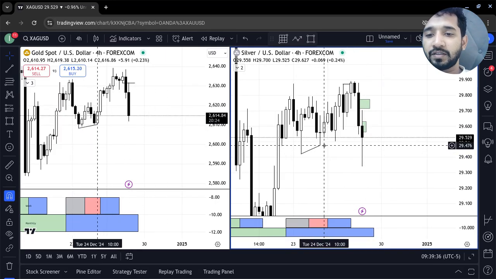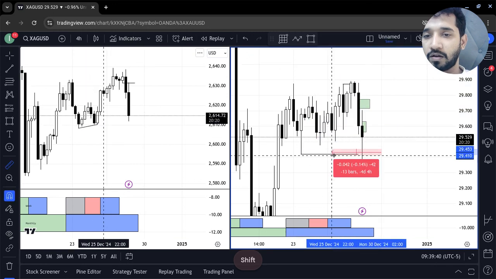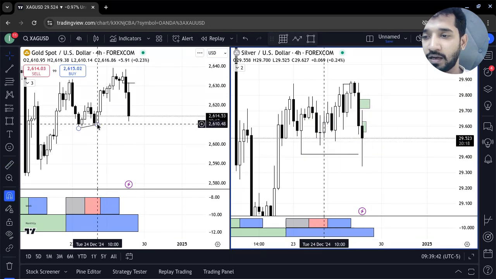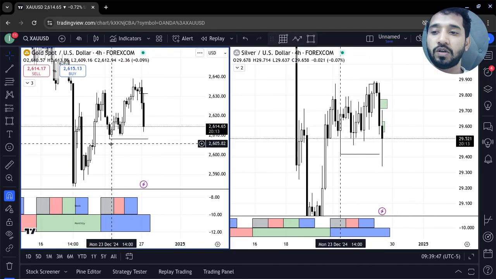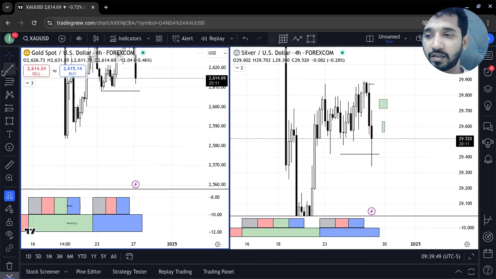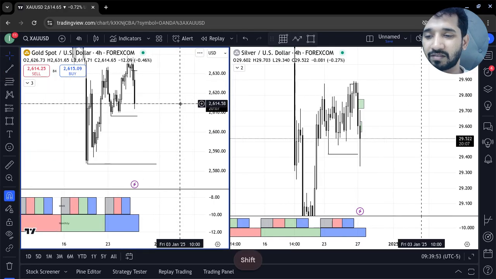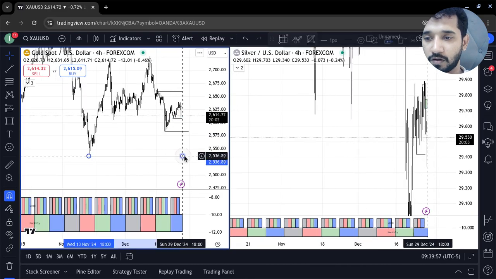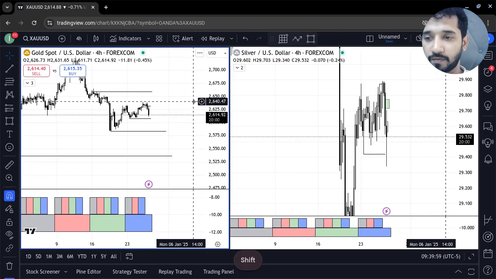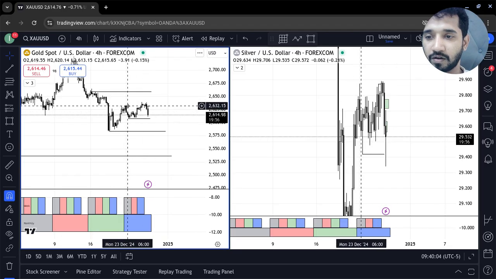Over here, price is sweeping one asset's low, while over here price is failing to do so, which means gold, for me at least, is the draw, like a short-term draw, while this is the long-term draw. But we are leaving a lot of liquidity over here, you can see right there.